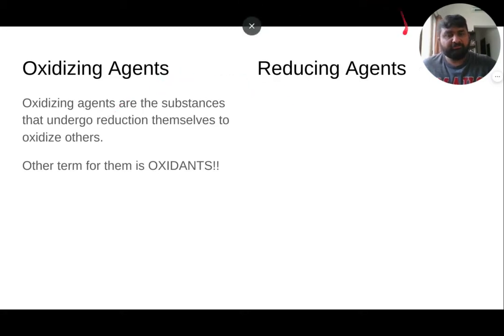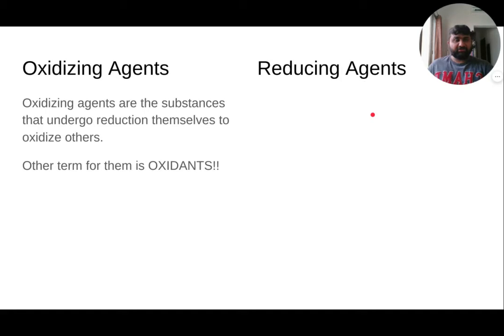And the same applies for reducing agents. A reducing agent has a specific task to reduce others. In order to reduce others, one must oxidize itself. So anything that is getting oxidized is definitely going to reduce someone. That thing is called a reducing agent. Okay, it's very confusing.